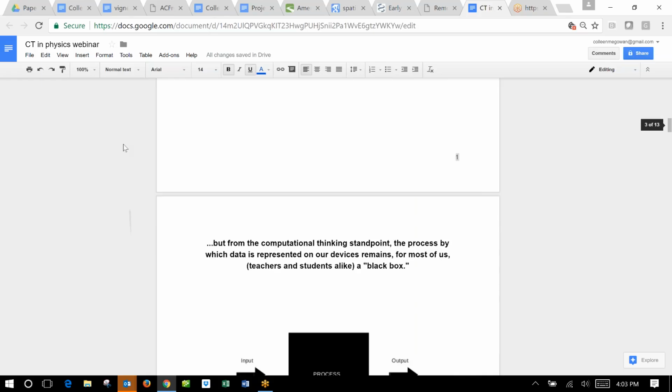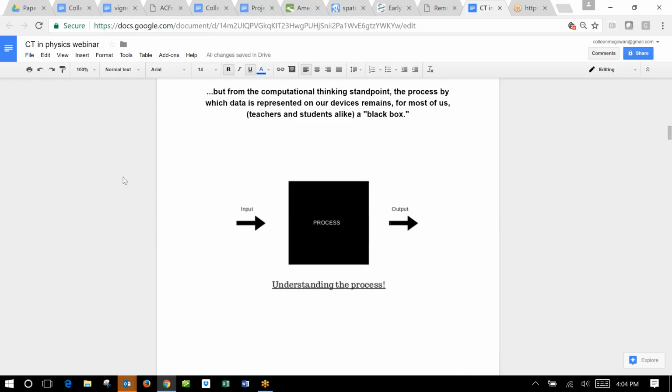But we really don't know what happens. We have inputs, in the case of the skydiver, some sensors that are inputting altitude data and pressure data, and then magic happens and it comes out on the screen.